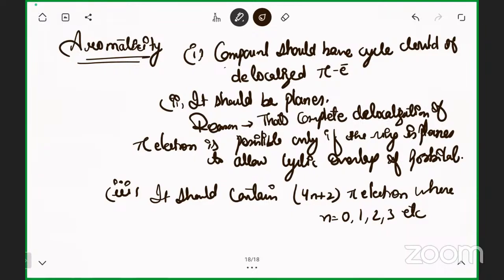But if it is not following any of these conditions, the compound is said to be non-aromatic. And the second condition is if it is following the 4n rule, not 4n plus 2, then it is called anti-aromatic.